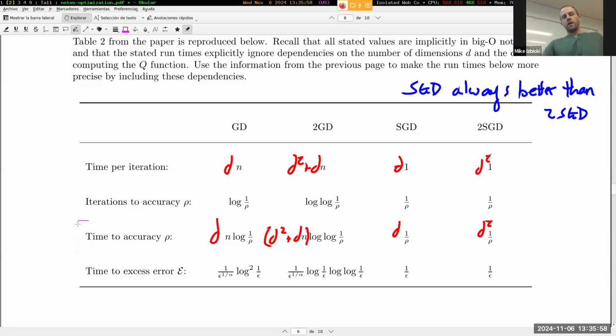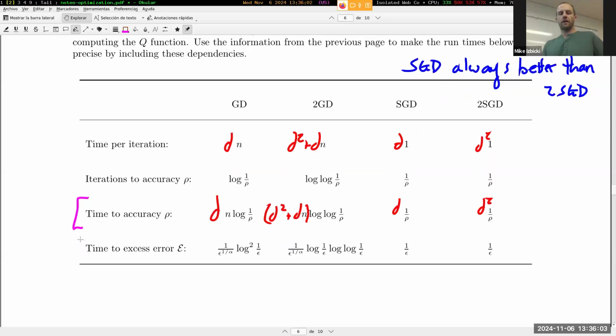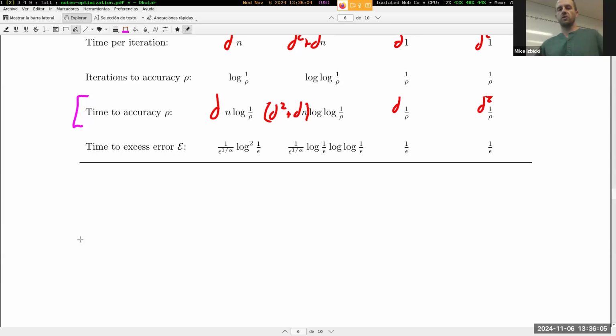If we're looking only at this row right here, time to accuracy rho, then this is what people were doing previous to 2011, so less than or equal to 2010. This paper came out in 2011, with some of the main ideas coming out between, say, 2006 up to 2010.